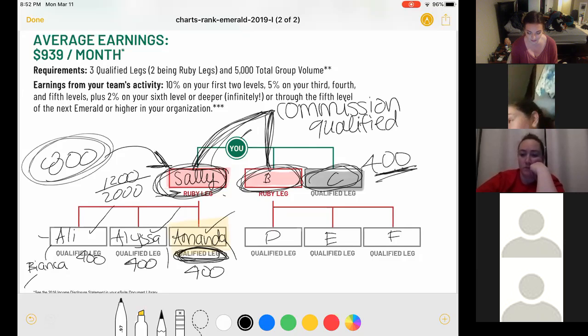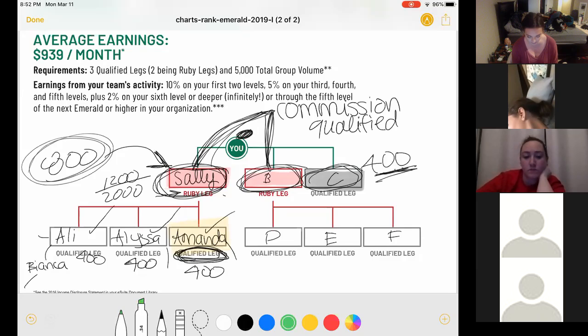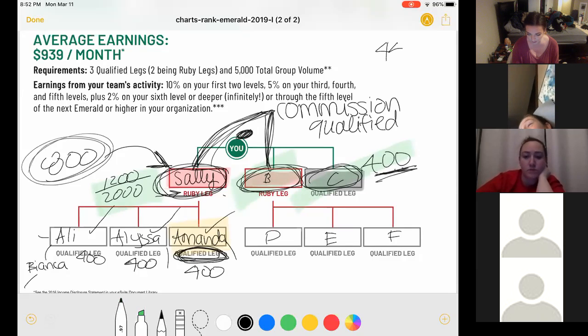So for Sarah to be an Emerald, okay, this is Sarah, remember. Sally has her 2,000, we'll say, so we're going to highlight that in green. She's got it done. This person B's got it. Person C has her 400. But that only equals up to 4,400, okay?